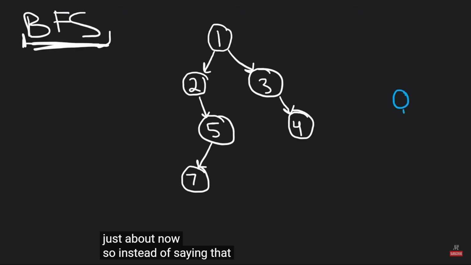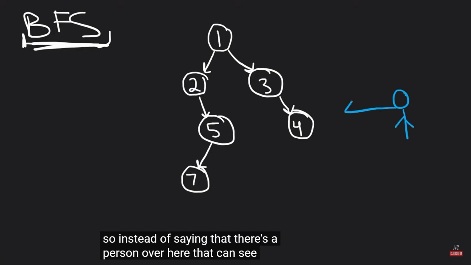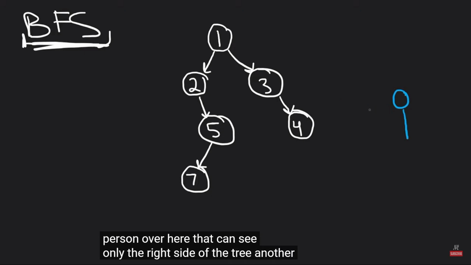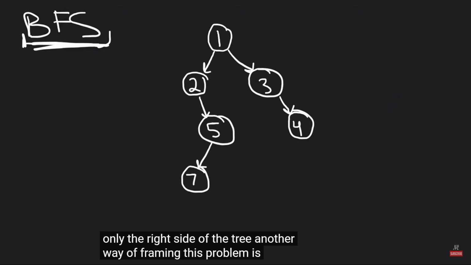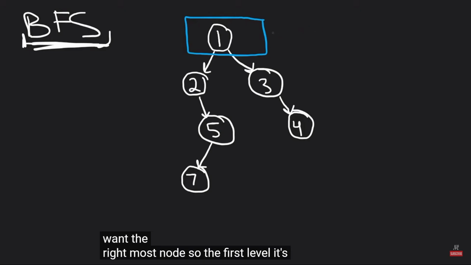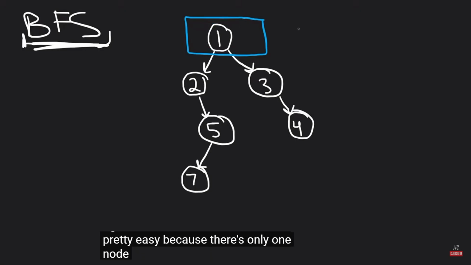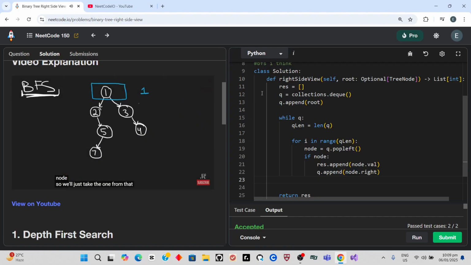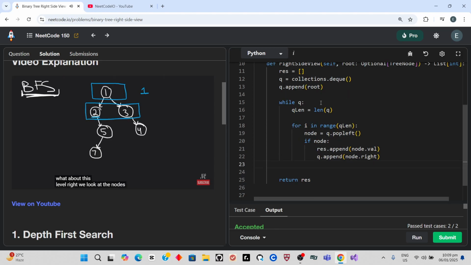So instead of saying that there's a person over here that can see only the right side of the tree, another way of framing this problem is saying, okay, for each level of the tree, we want the rightmost node. So the first level, it's pretty easy because there's only one node. So we'll just take the 1 from that. What about this level? We look at the nodes together.